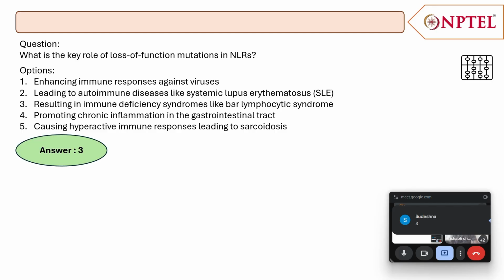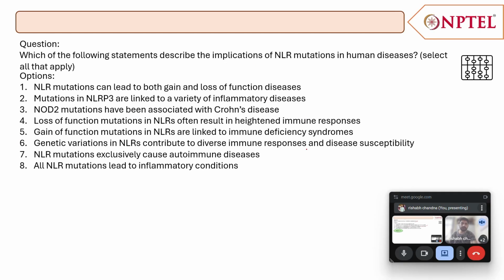Okay, so yes, this is the correct answer. As we have studied a few slides back, the loss of function mutation in the NLRs can lead to immune deficiency syndromes like bare lymphocyte syndrome. Okay, so let's move on to the next question.